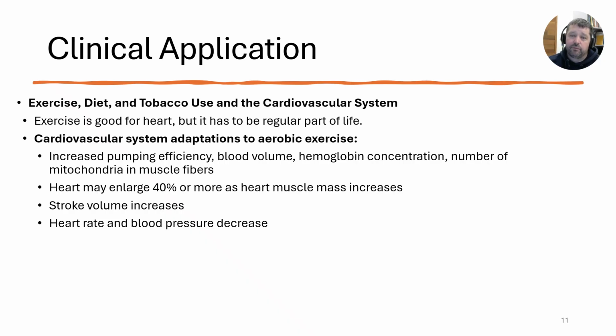Erythropoietin will increase and tell your body that it needs to generate more red blood cells. In conjunction with that, if you're not carrying enough oxygen, hemoglobin concentration per red blood cell will increase. So there are a lot of ways in which aerobic exercise can affect the cardiovascular system.